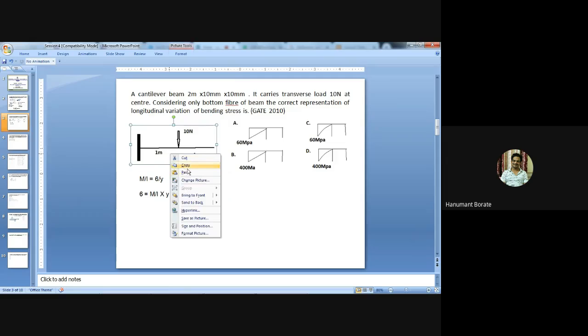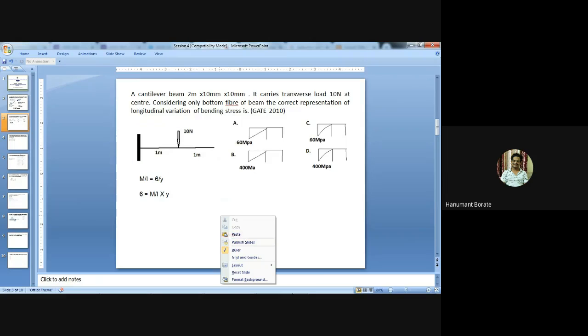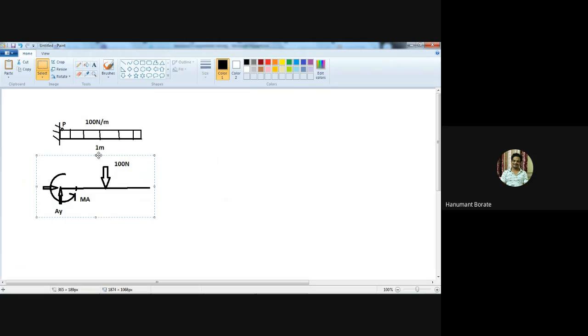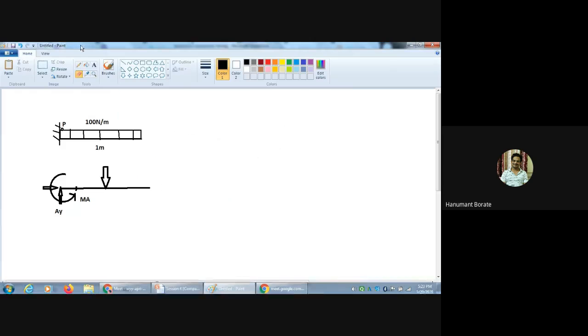First we'll draw the free body diagram, similar to this one, just here instead of 100, the value given is 10 Newton.